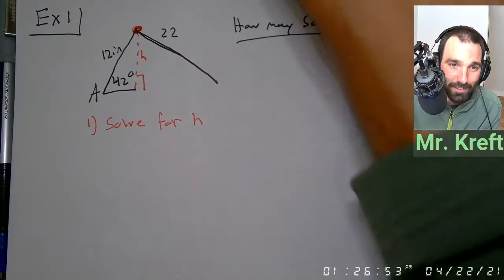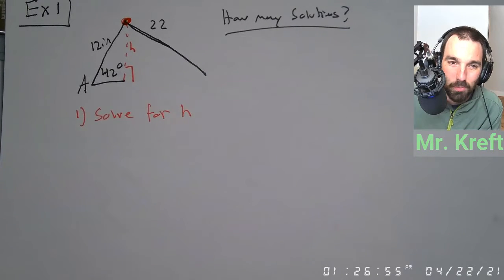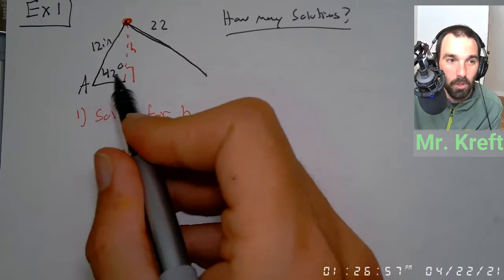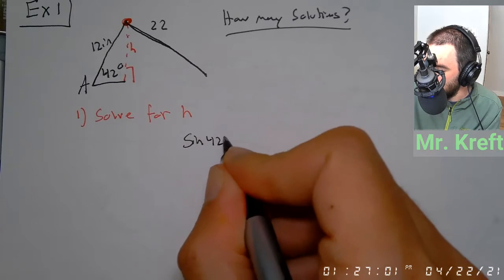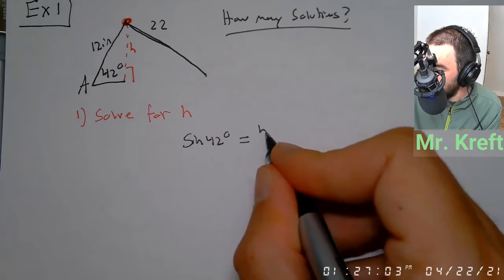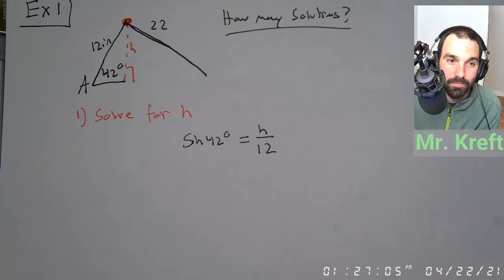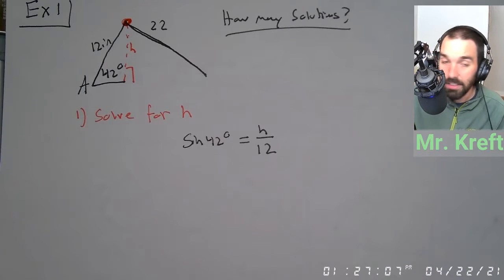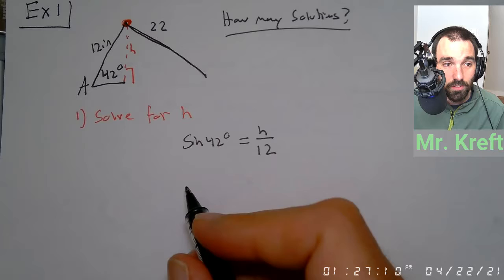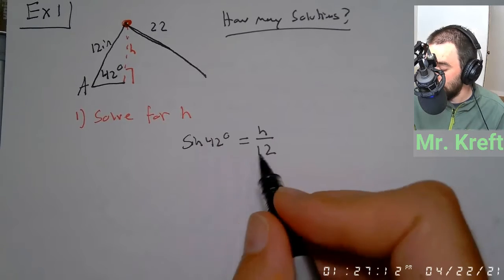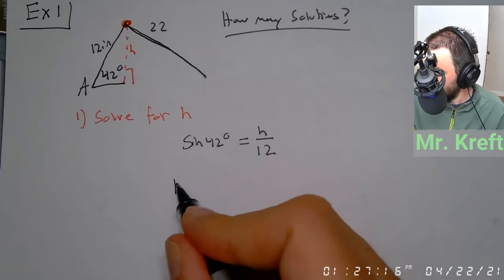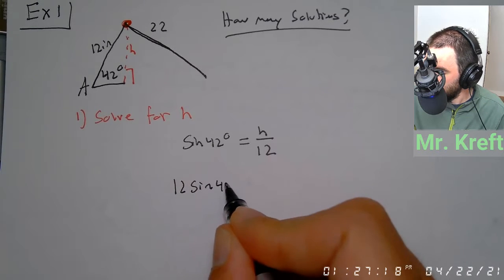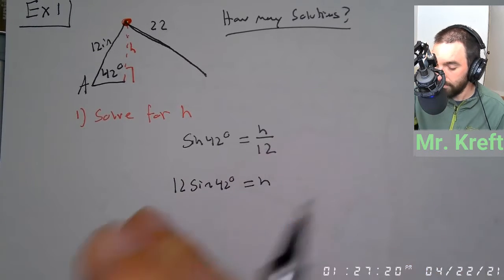Remember, we're talking about law of sines here. So solving this is really easy. See this small triangle we just created? Then we know that sine of 42 degrees equals h over 12. It's really that easy. Once you do a couple of these, you can even skip this first setup because you can just see that h is going to be 12 times sine of 42.